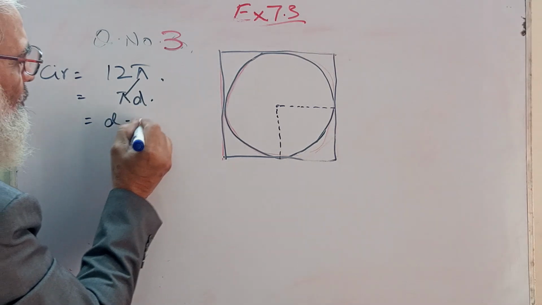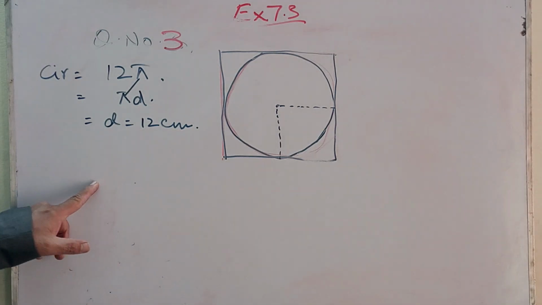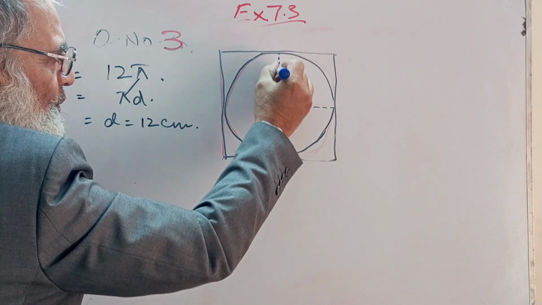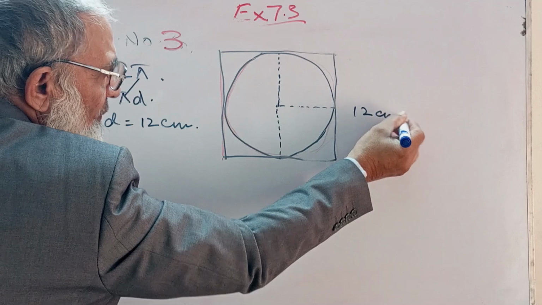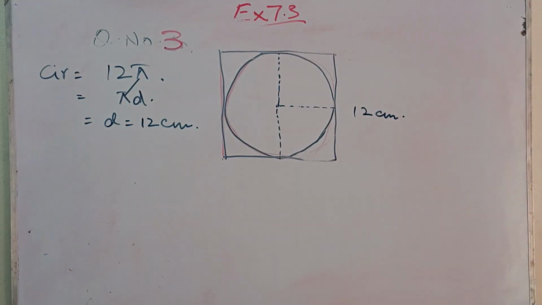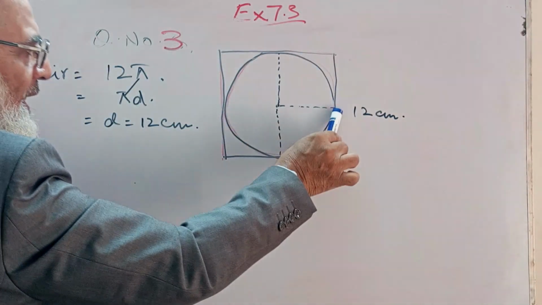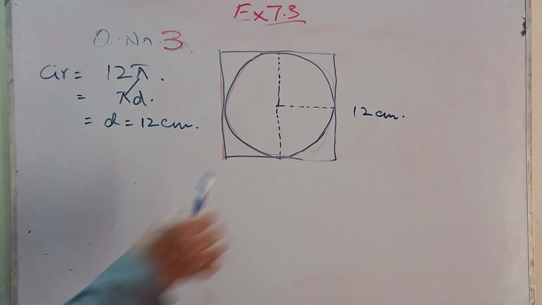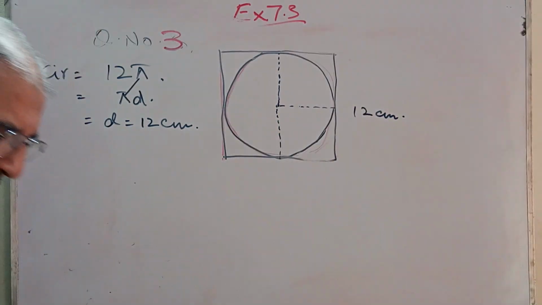So d is equal to 12 centimeter. So if d is equal to 12 centimeter, this whole thing is also 12 centimeter. Now the side of the sphere is 12 centimeter, because the diameter of the circle which is touching each side of the sphere very precisely is 12 centimeter. 12 centimeter diameter and 12 centimeter is the side.